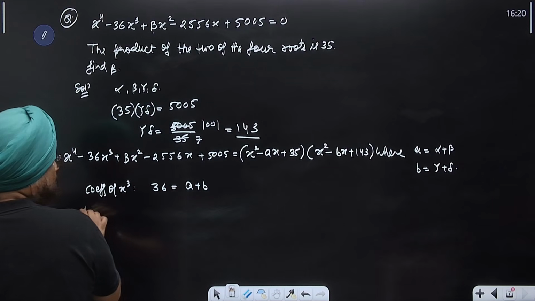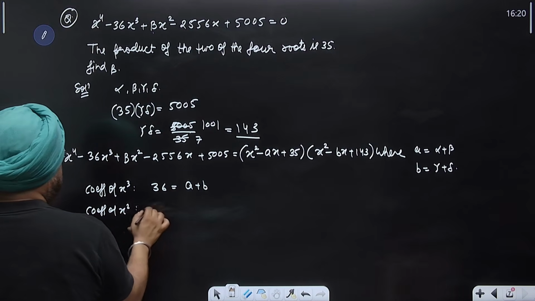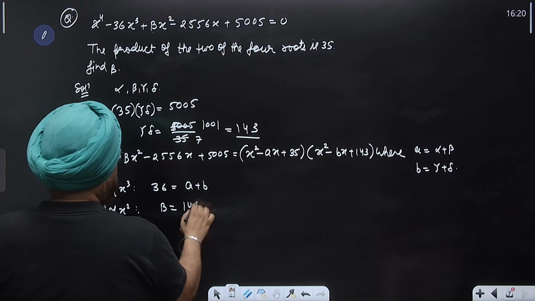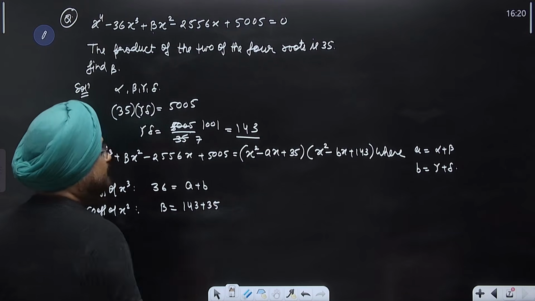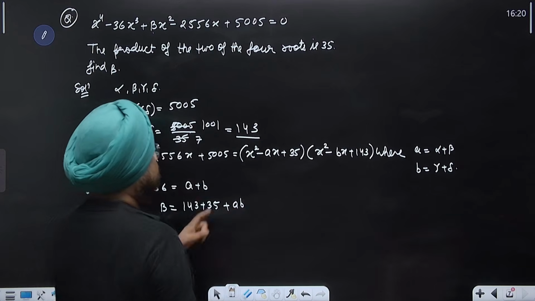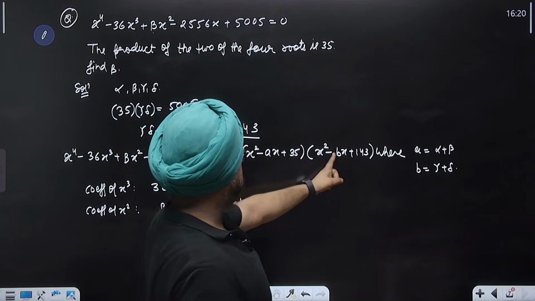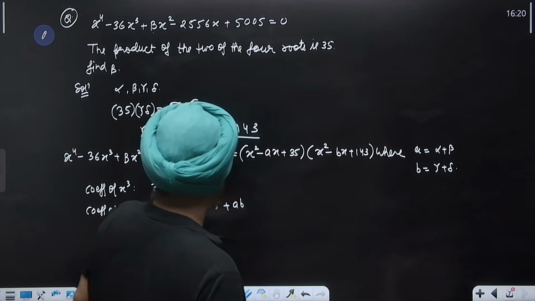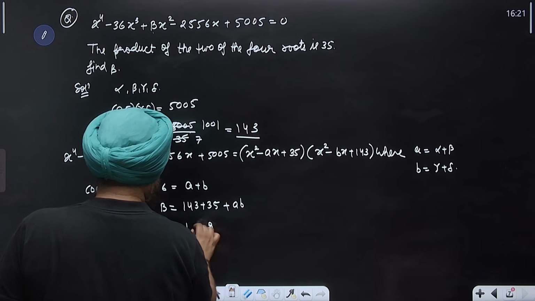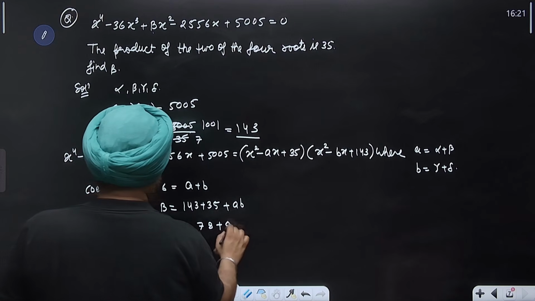Now comparing the coefficient of x square, we get capital B is equal to 143 plus 35 plus ab. So B will be equal to 178 plus ab.